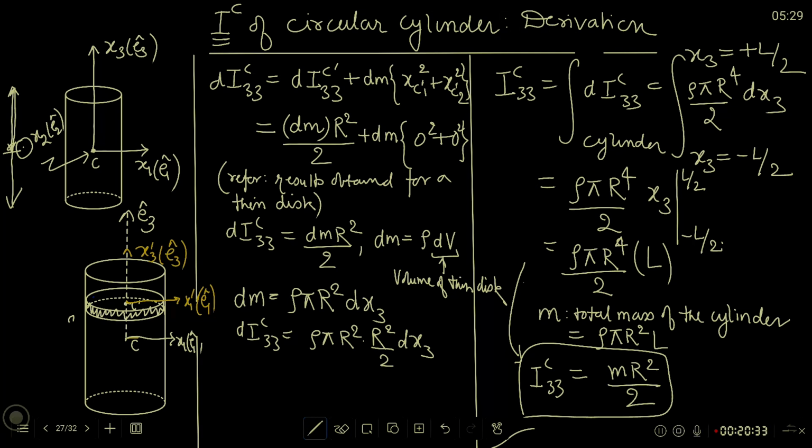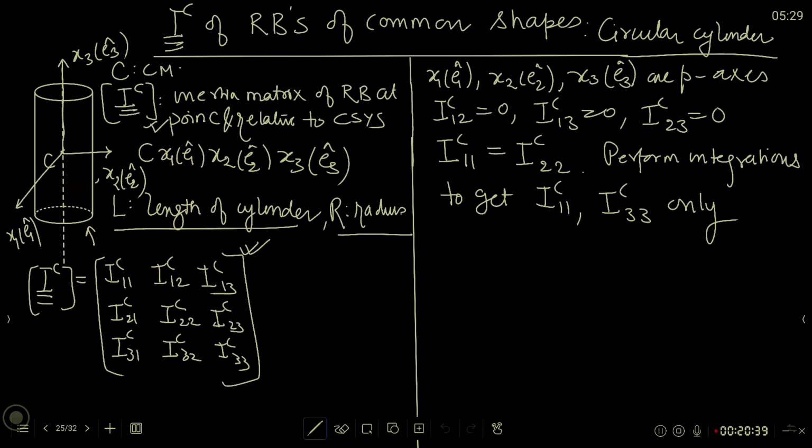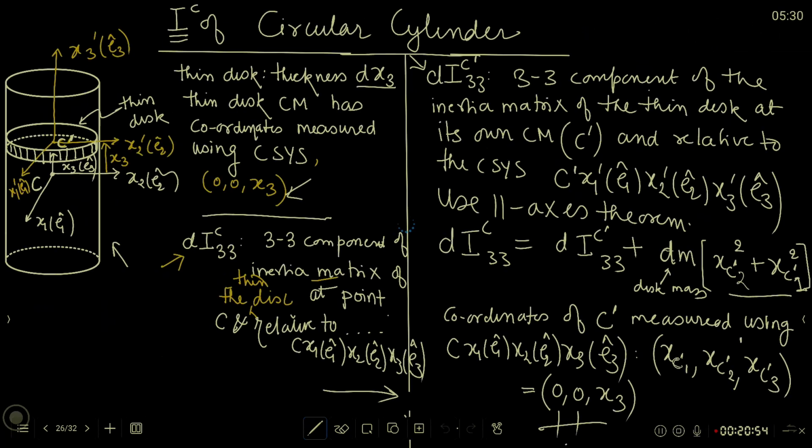Fine. So we wanted to do integration for how many components? For IC33 and IC11. IC33 I have done already. Now I will show you the integration for IC11. We will use the parallel axis theorem again.